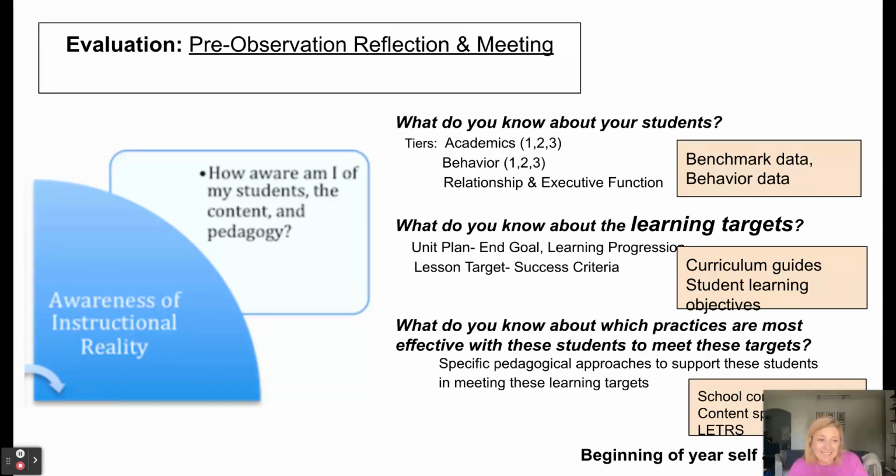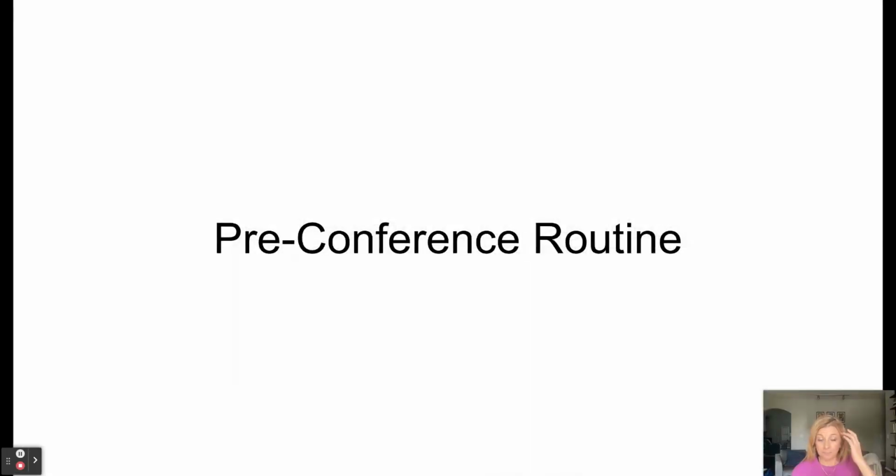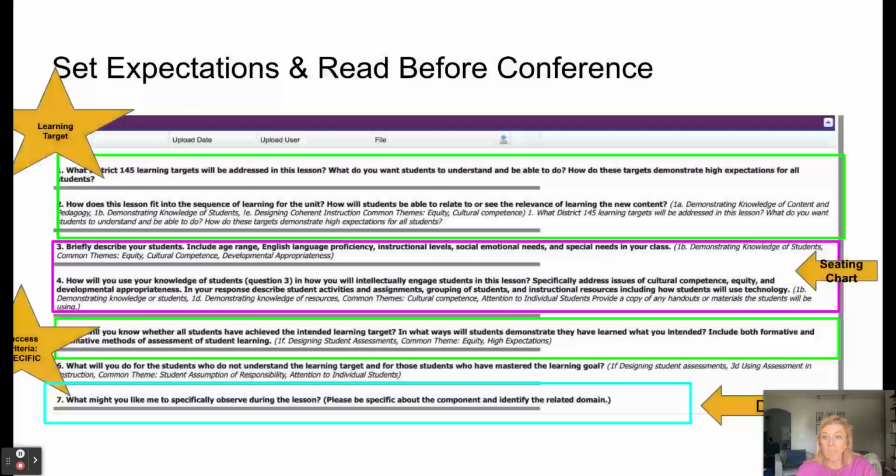The only place that we can really capture that thinking for a teacher is in a pre-observation, reflection, and meeting. And so, one thing that was identified as a challenge to evaluation is time to have those meetings. So a question that I've posed to the principals in District 145 is, how will you structure your pre-observation conferences? So that's our first chunk of focus for this week, a pre-conference routine.